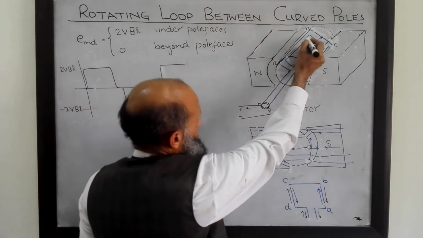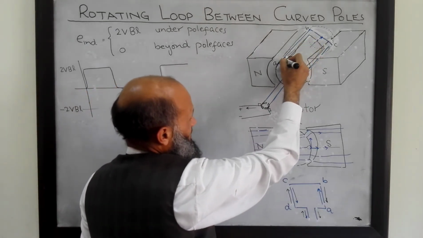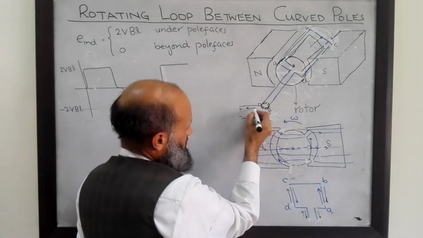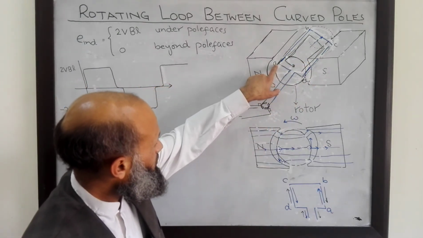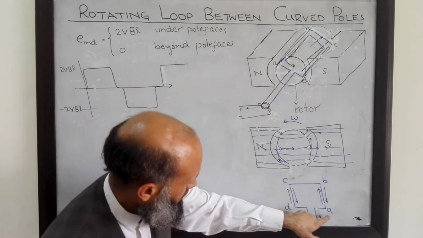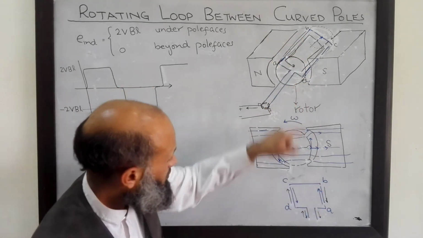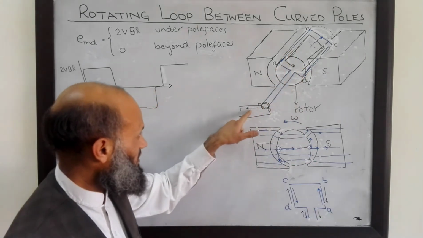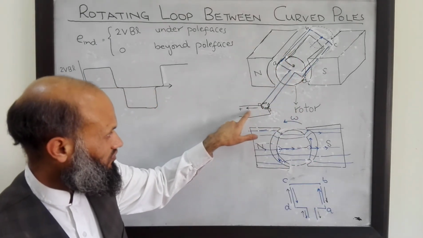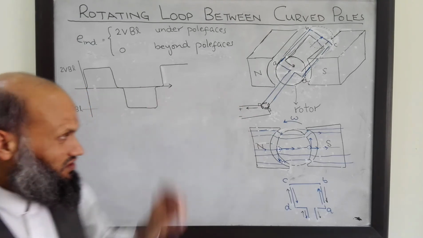But still what we can see is that the direction of current is still coming out from here. Although previously current was flowing from A to B, and now it is flowing from B to A, but still the direction of current that is flowing out of this wire is the same.